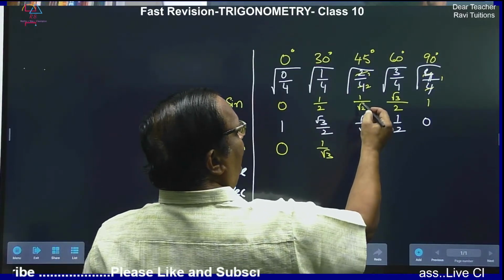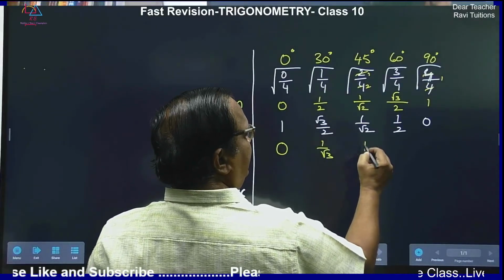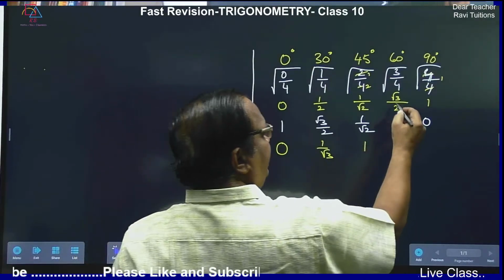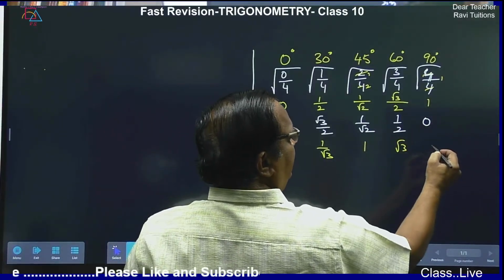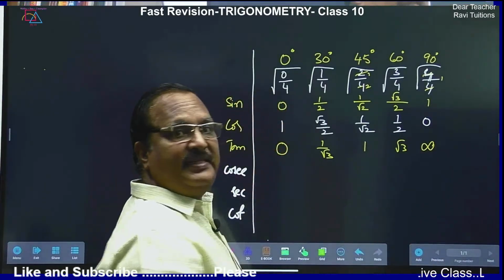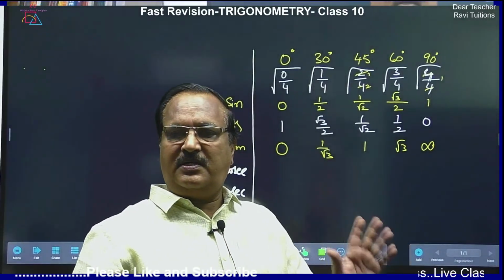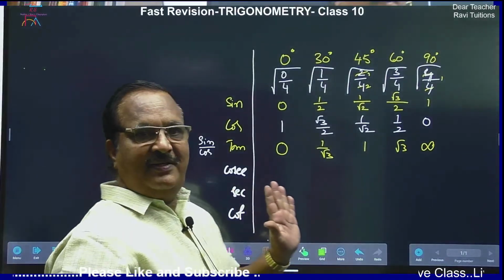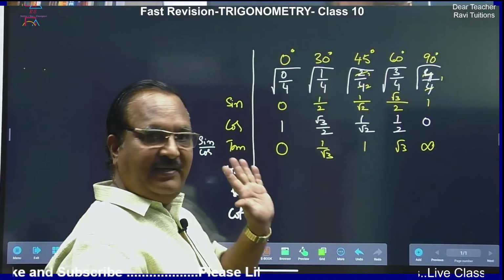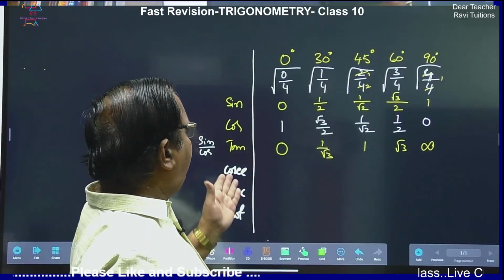And 1 by root 2 by 1 by root 2 is equal to 1. Denominators get cancelled, root 3. 1 upon 0 is not defined, because anything divided by 0 is not defined. So now we have got tan.